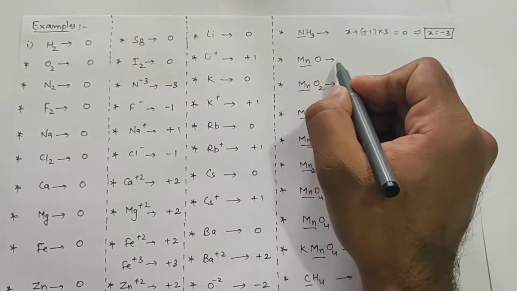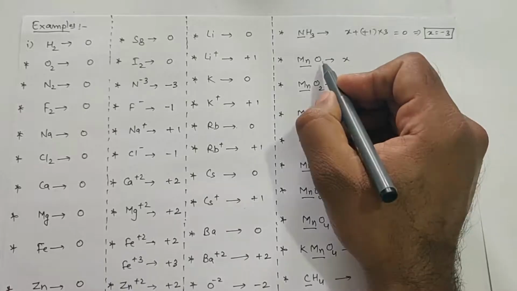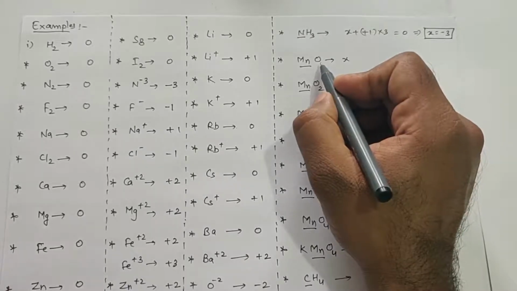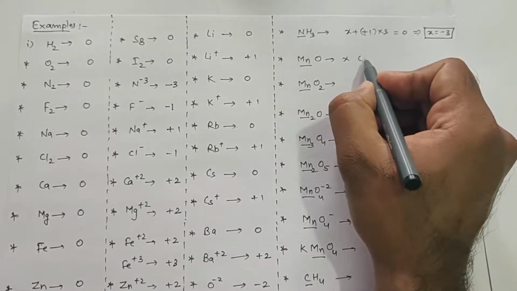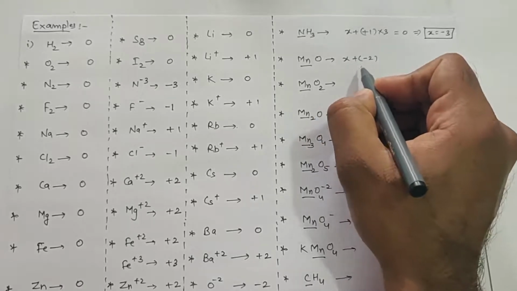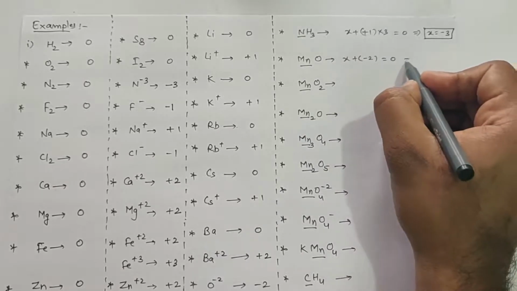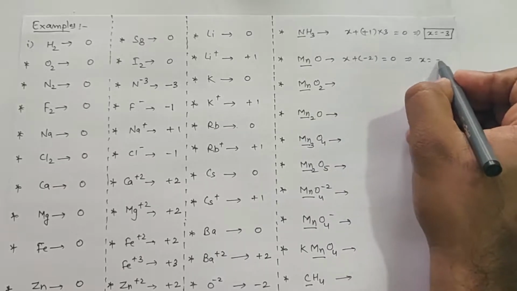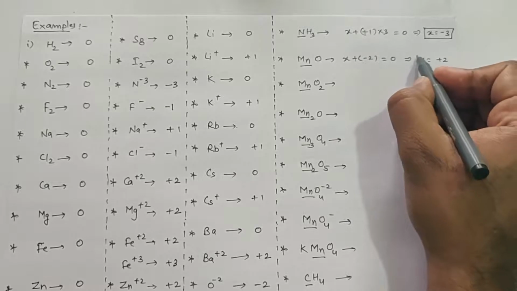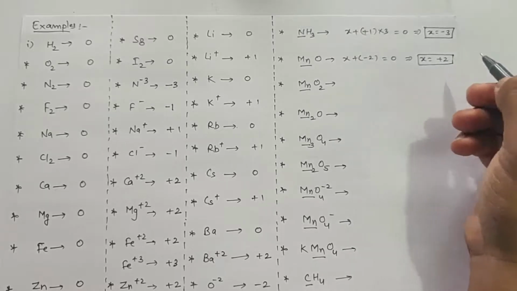MnO, let's assume oxidation number of manganese equals X. As we know that oxygen usually shows -2 oxidation state, -2. The summation of oxidation number of all the elements in a neutral molecule equals 0. It will give X equals +2. It means in this compound manganese is present in +2 oxidation state.